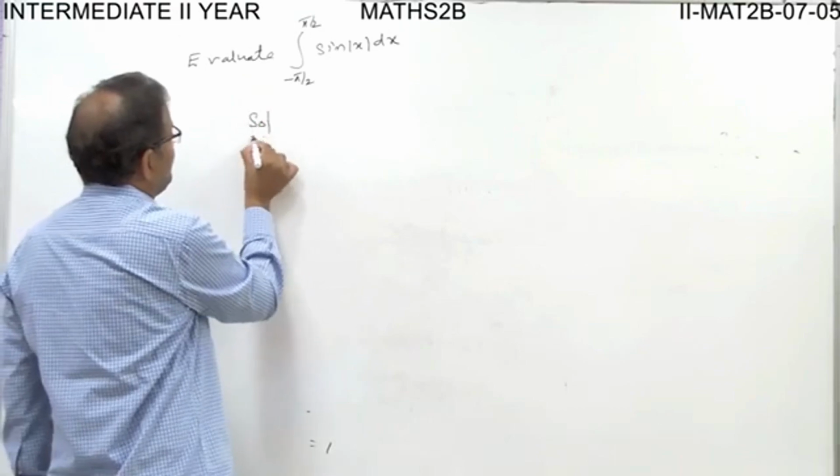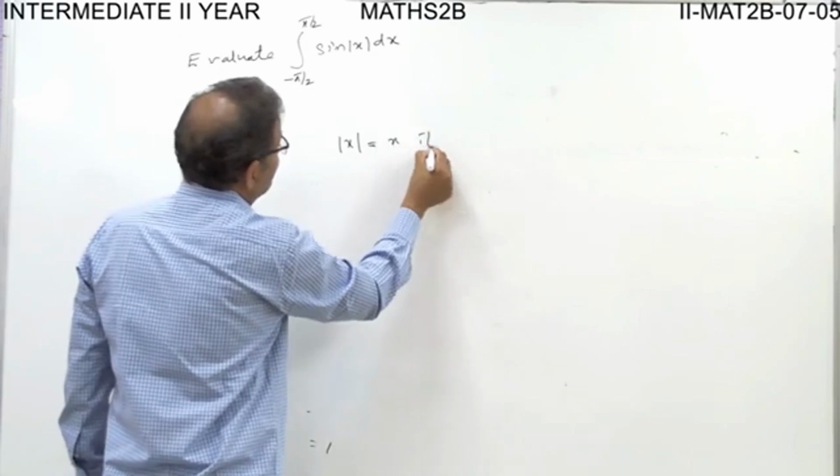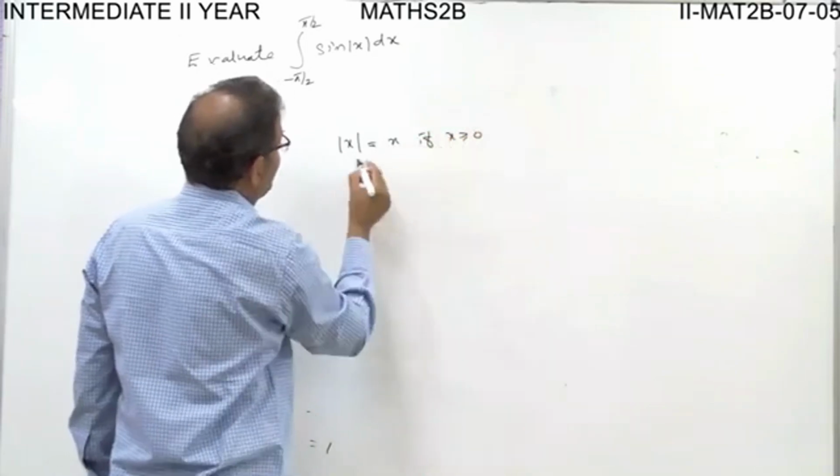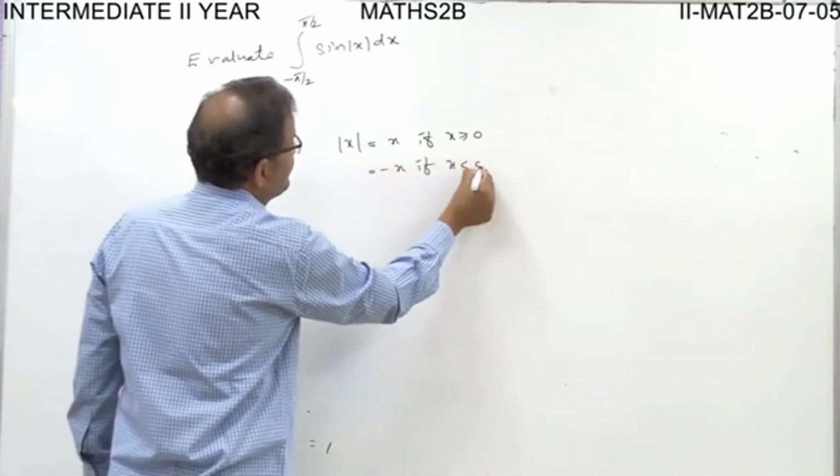Solution: definition of mod function, mod x equal to x, x greater than or equal to 0, mod x equal to minus x if x less than 0.